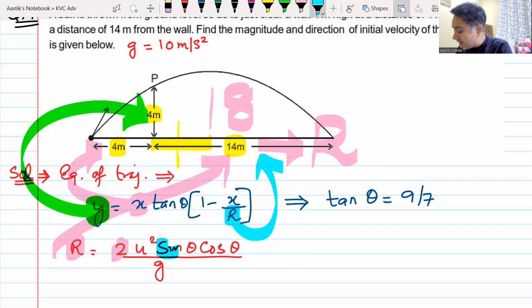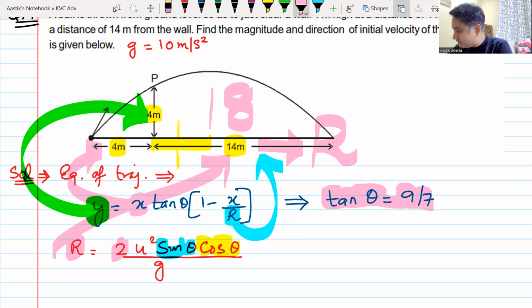Do you know the value of sine theta and cos theta? Because you know the value of tan theta, you know the value of sine theta and cos theta. Tan theta is perpendicular divided by base. You take the square root of 9 square plus 7 square, you will get the hypotenuse. You divide 9 by the hypotenuse, you will get sine theta. You divide 7 by the hypotenuse, you will get cos theta.